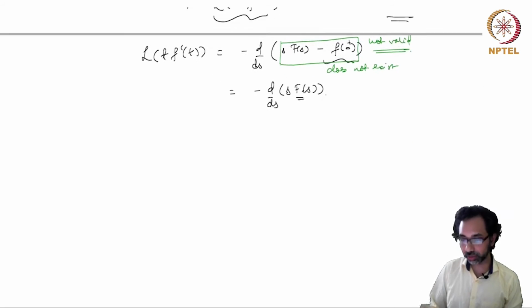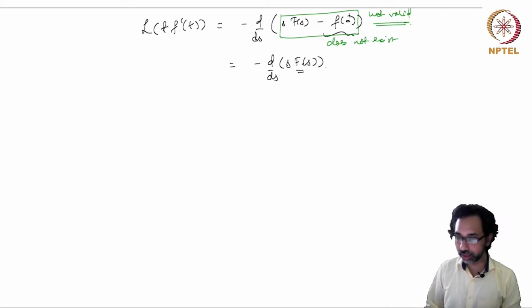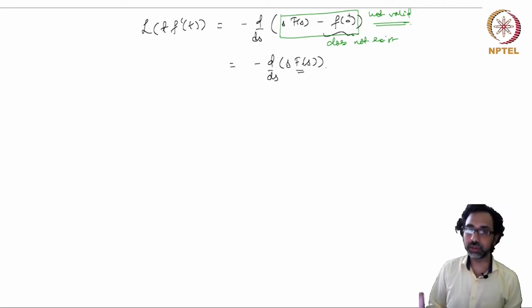Therefore this method, although it gives you the right answer, is incorrect, and you will see this done in many places. So we have to be careful when we apply the formulas that we have seen for Laplace transforms and inverse Laplace transforms. We have to always check under what conditions these formulas are true. Otherwise you may get the right answer, you may not get the right answer, and sometimes you will get absurd answers. So one has to be careful.